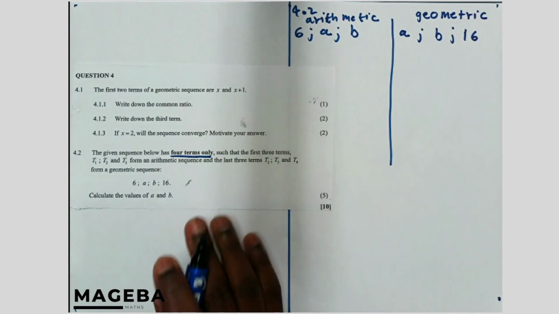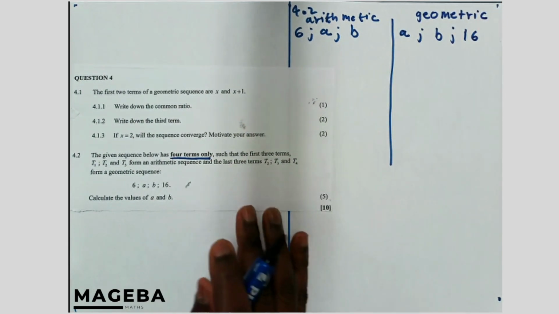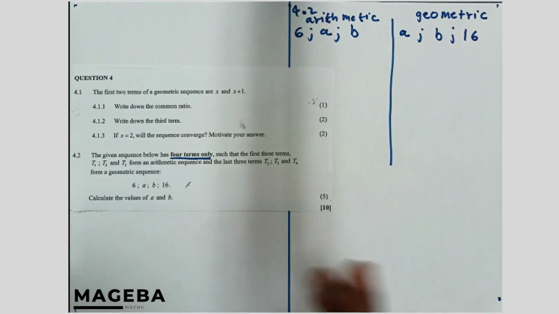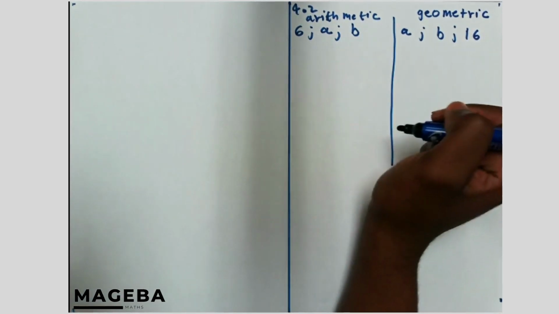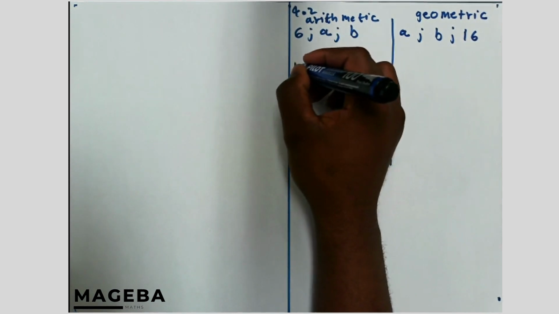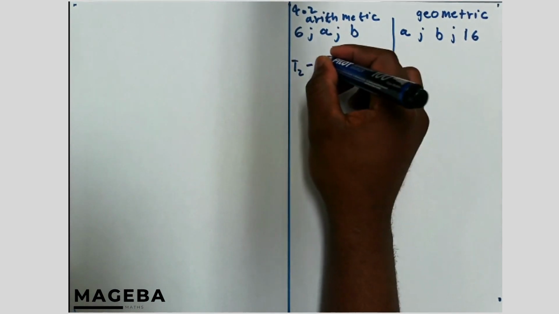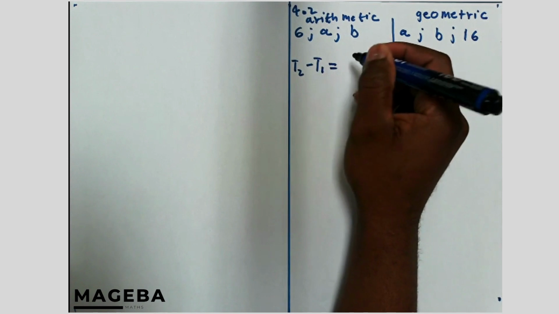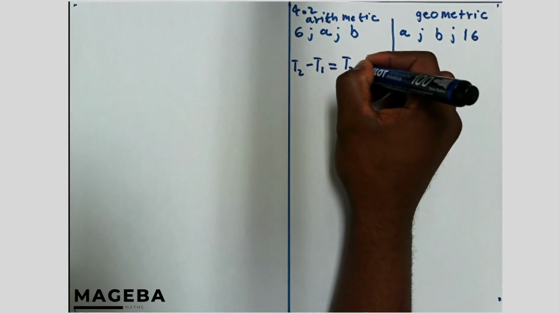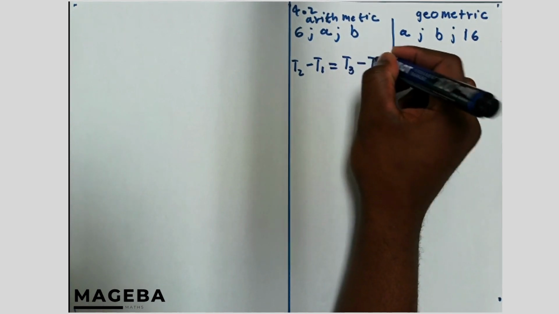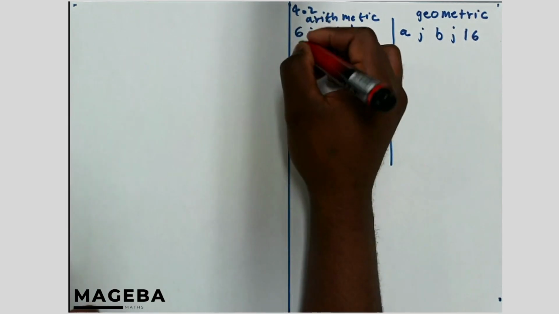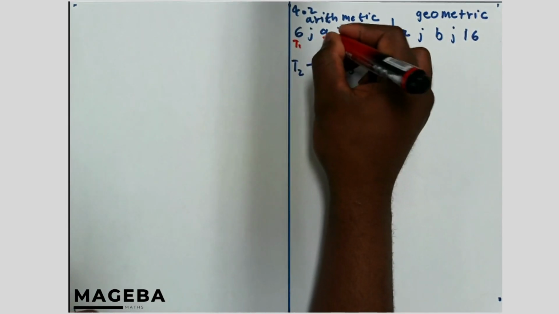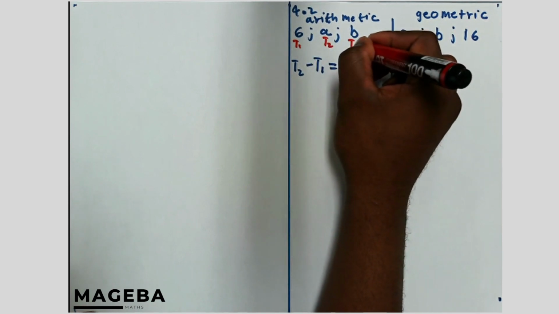This is a geometric sequence. Now I need to calculate the values of A and B. To find an arithmetic, T2 minus T1 must be equal to T3 minus T2. This is my T1, this is my T2, and this is my T3.